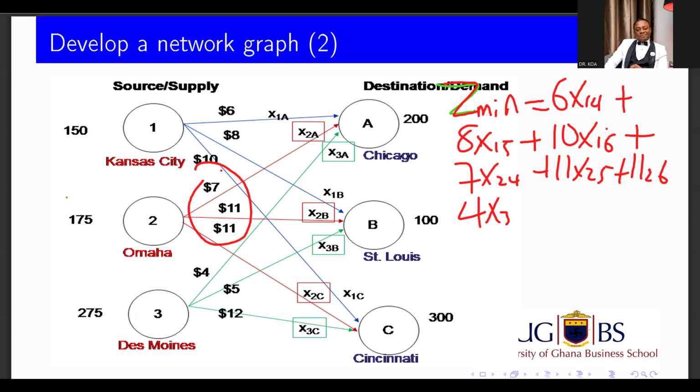Okay, 4x3, this is 6, right? So 7. That's wrong. 4. I say nobody should talk. Sorry. Okay, 1, 2, 3, 4.